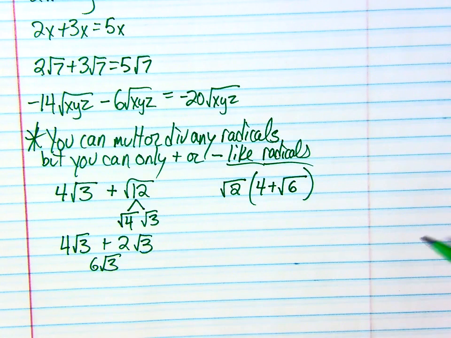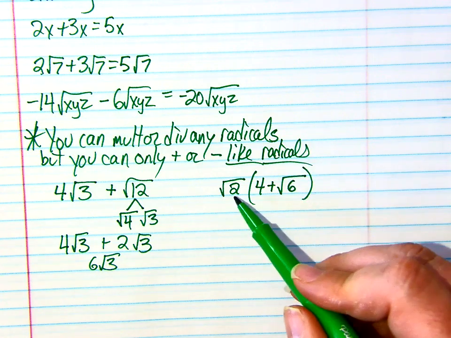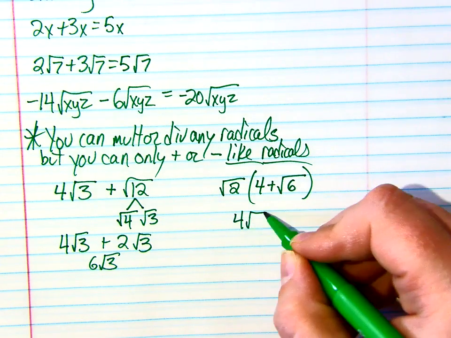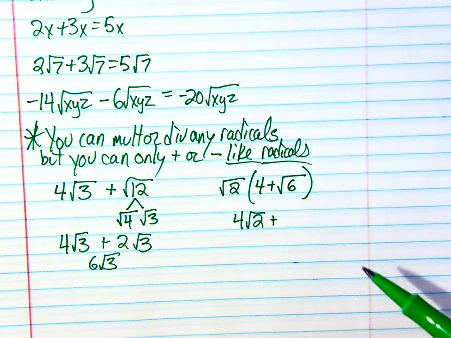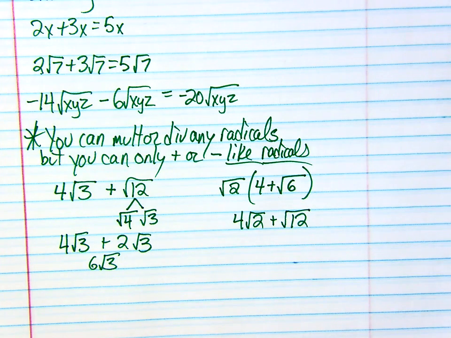How would you handle this problem? Would you distribute? Yes, I'm going to distribute the number out in front to everything that's in here. So what's the square root of 2 times 4? 4 square root of 2. And then square root of 2 times square root of 6 would get me square root of 12.